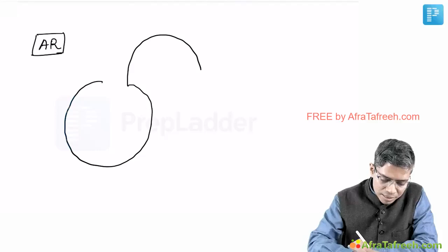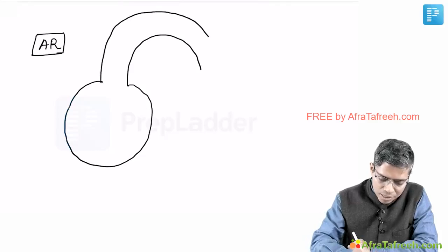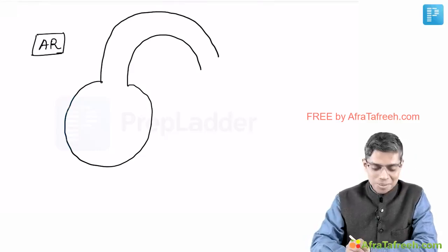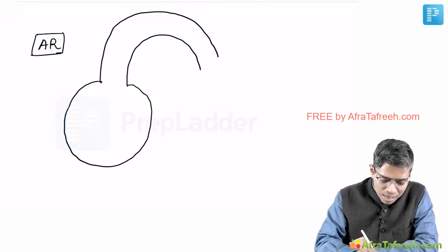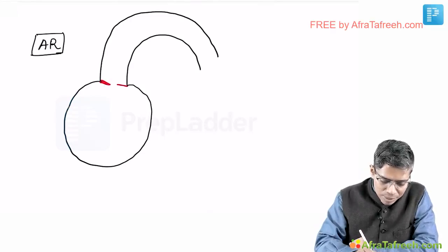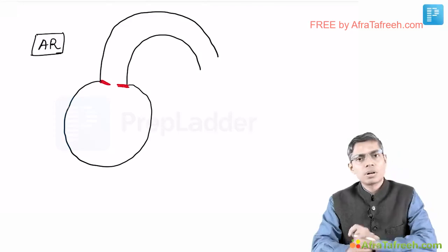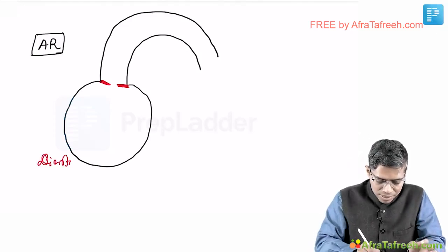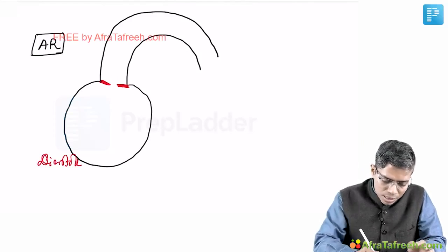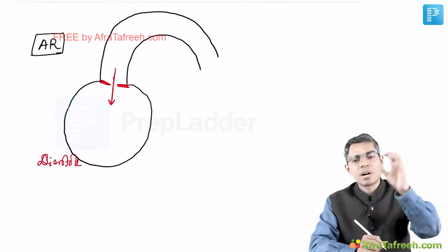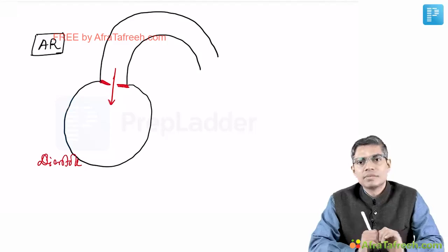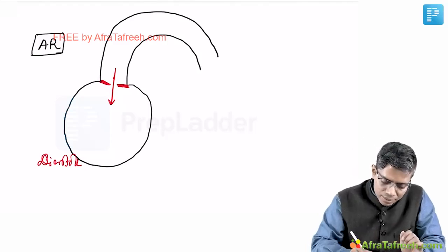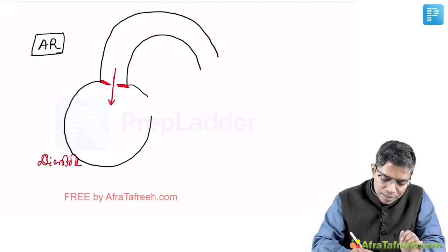From your clinical medicine knowledge, you know that systolic blood pressure will be higher. So why is that? Aortic regurgitation means this semilunar valve will not close completely during diastole. So during diastole, some of the blood will flow back from the arch of aorta to the ventricle, obviously the left ventricle.